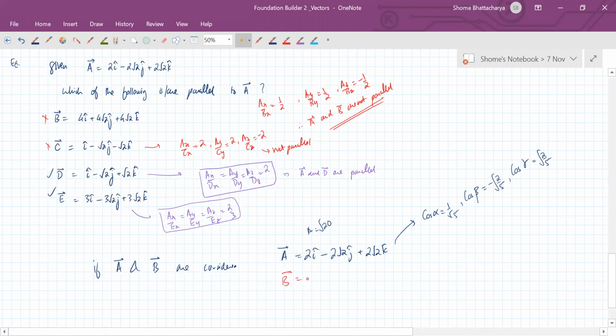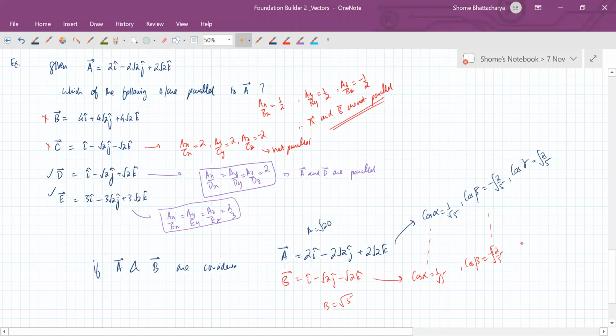But if you look at the vector B, which is i cap minus root 2 j cap minus root 2 k cap. So the magnitude of B is root 5. So cos alpha is 1 by root 5. So these two are equal. Cos beta is minus root 2 by 5.